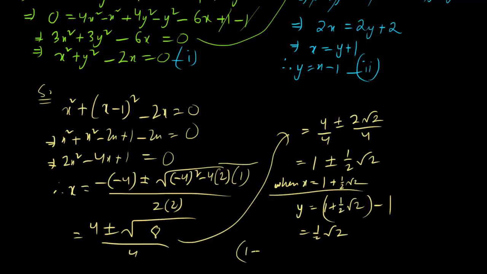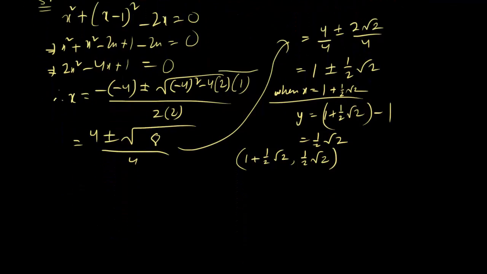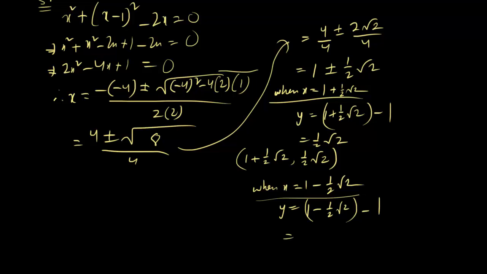So the first point is 1 plus half square root of 2 comma half square root of 2, and the second one is going to be when x equals 1 minus half square root of 2, y equals 1 minus half square root of 2 minus 1. So 1 minus 1 cancels off. This is going to be minus half square root of 2. So the point is going to be 1 minus half square root of 2 comma minus half square root of 2.